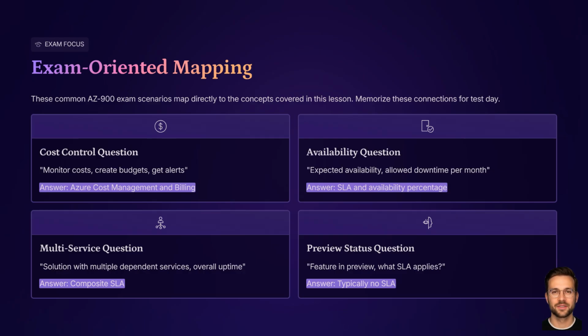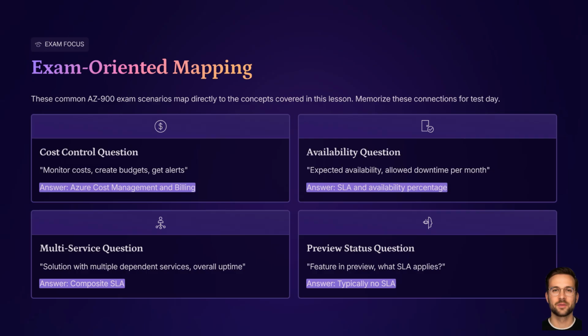Let's connect these ideas to exam-style questions. If a question asks, which Azure feature helps you monitor spending, create budgets, and receive alerts when costs exceed a threshold? The answer is Azure Cost Management and Billing. If a question says, a company wants to estimate expected availability and understand how much downtime they might experience per month, then you should think about SLAs and availability percentages.